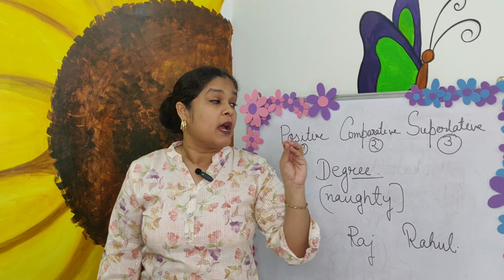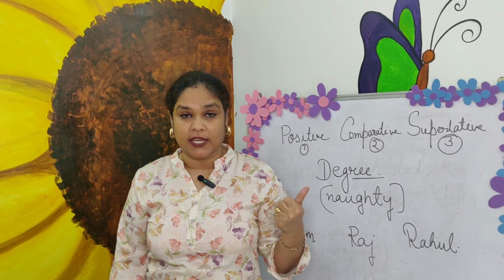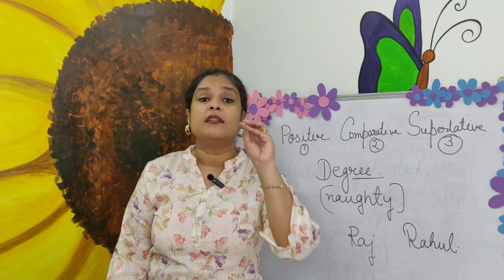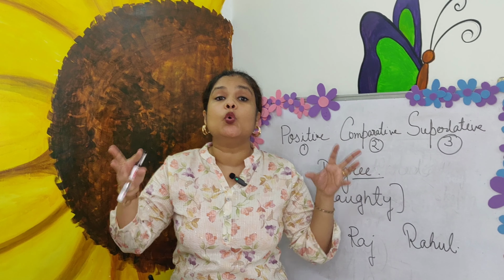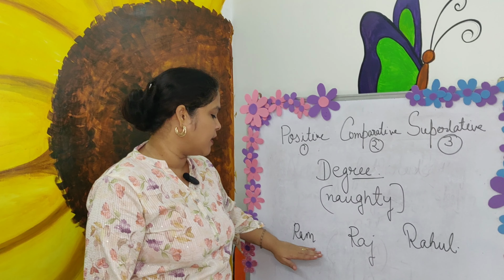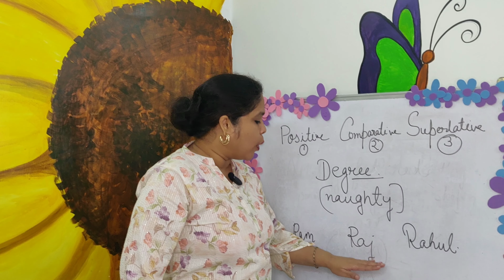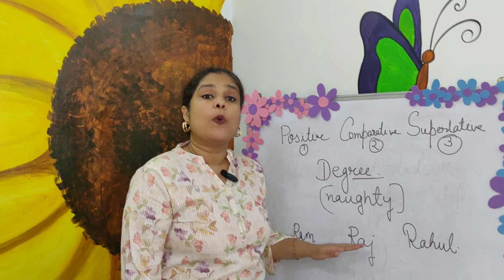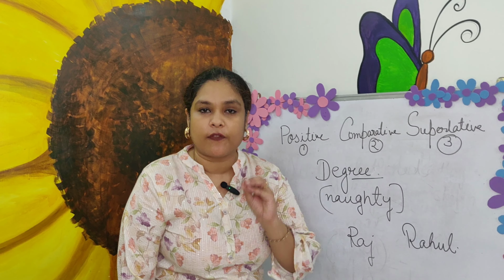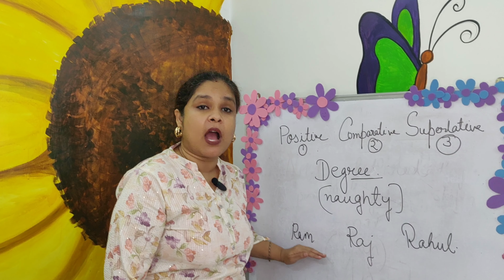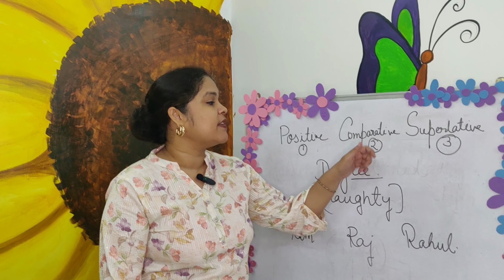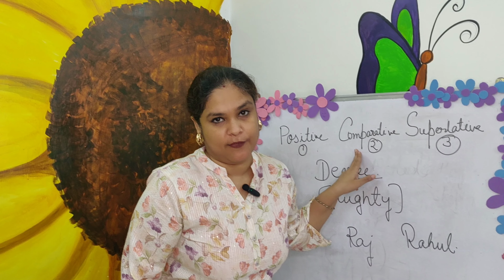So, the comparative degree of adjective compares the trait of two nouns. For example, here Ram and Raj, both of them are naughty. When I compare this trait of being naughty in Ram and Raj, I will be using the comparative form.